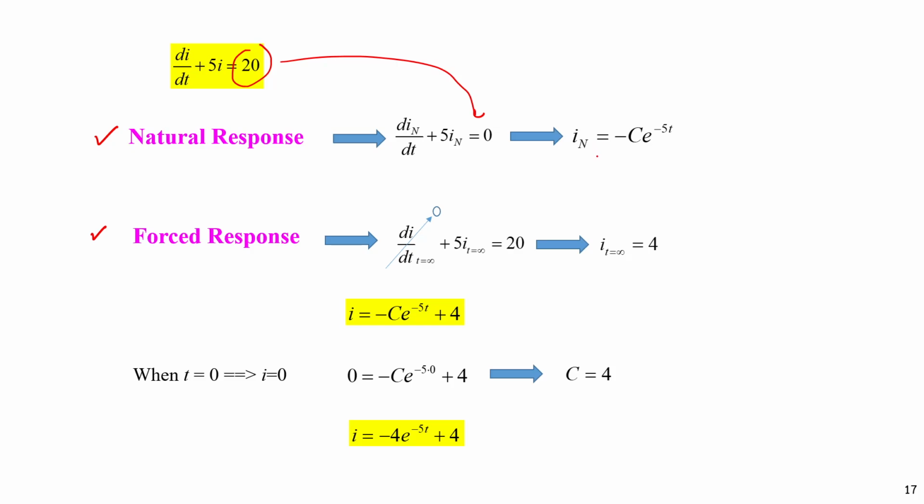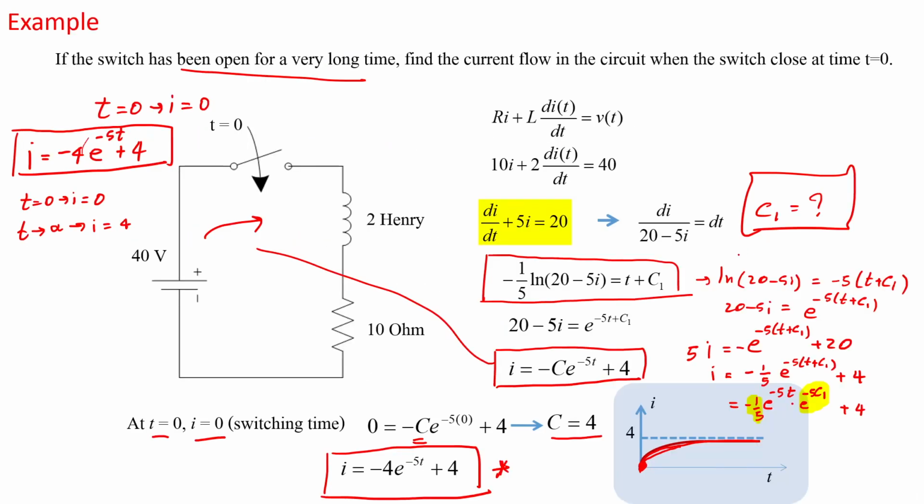And for forced response, we set this term to 0, and then we get I at t going to infinity is 4. We get I is 4. So we add these together, we get this solution. Or you integrate this equation, we get the same thing, right?